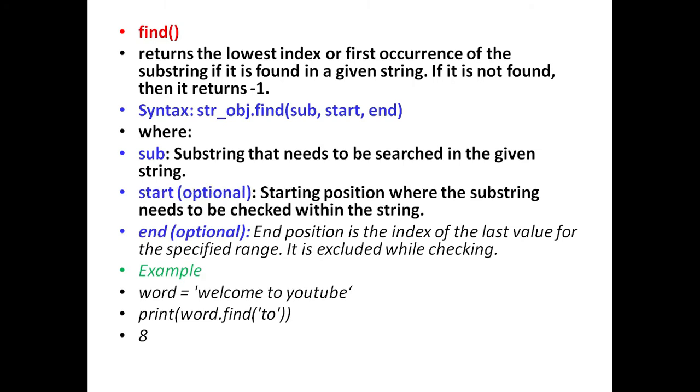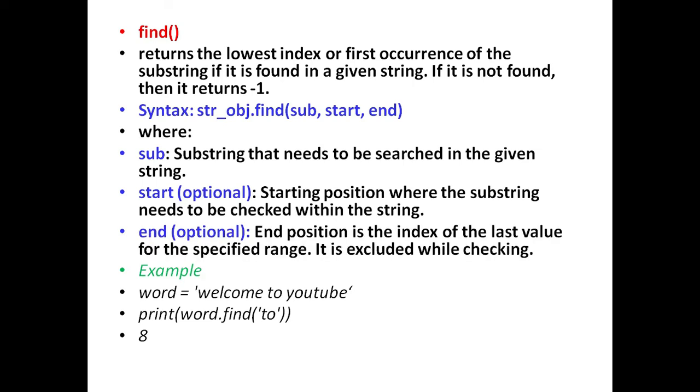Start is a starting position where the substring needs to be checked within the string, and end is the index of the last value for the specified range. It is excluded while checking. For example, if word equal to "welcome to YouTube", and if we print word dot find "to", it will give 8 since "to" appears at the 8th position in the string.